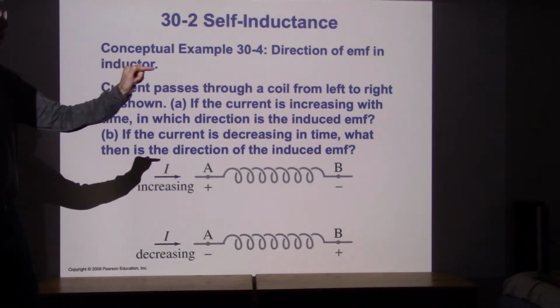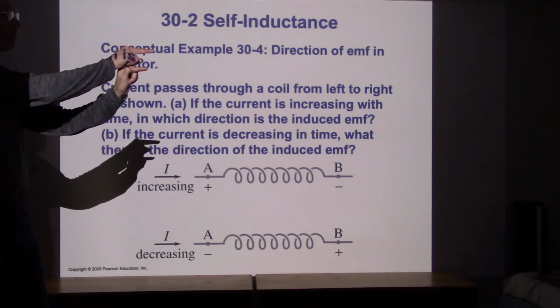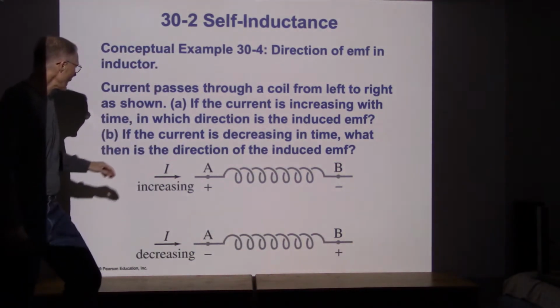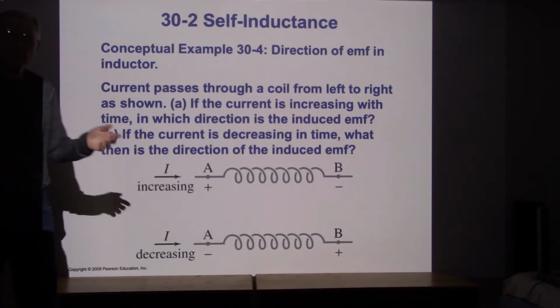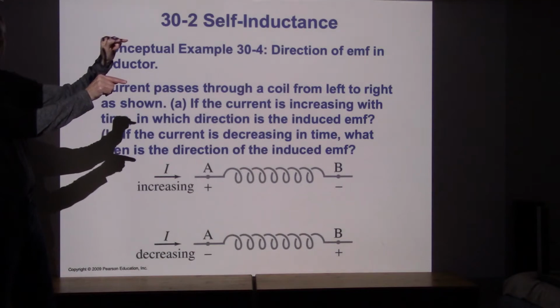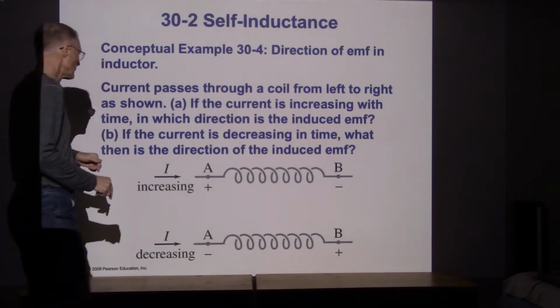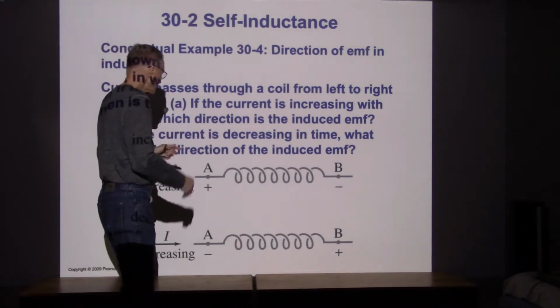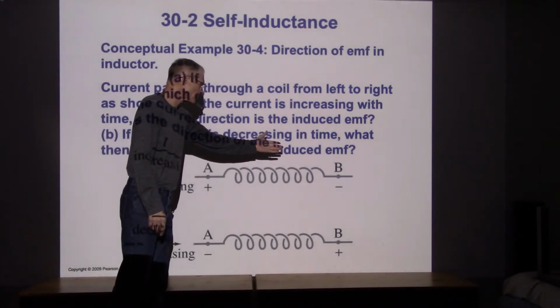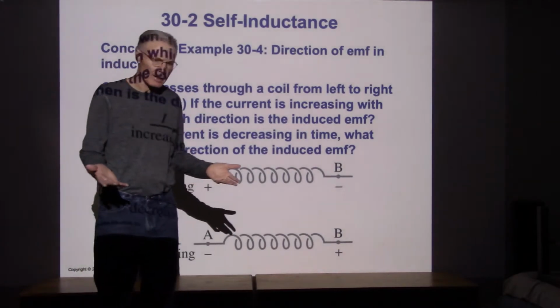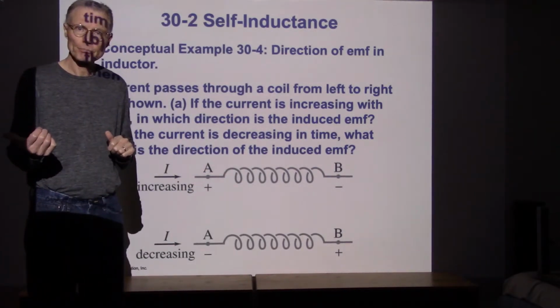If I have charges that are moving here and they're picking up speed, that gives me an increasing current. So think of Physics 4A. If I've got v and a in the same direction, that's an acceleration in this direction. Now, if there's an acceleration in this direction, the E fields that are set up are going to oppose that.